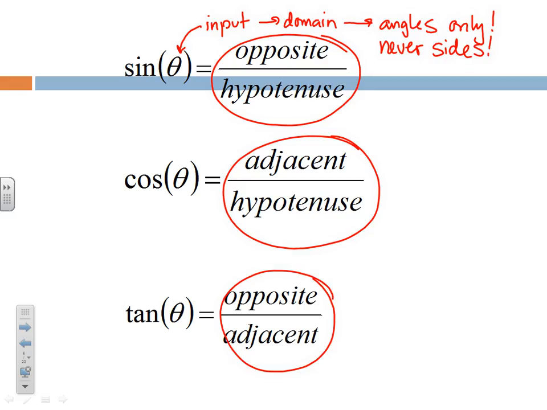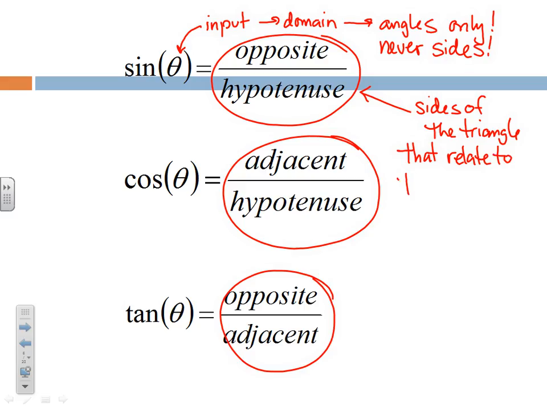So these are sides of the triangle. And they're sides of the triangle as they relate to the angle that's in our equation here. So we'll say the input angle.